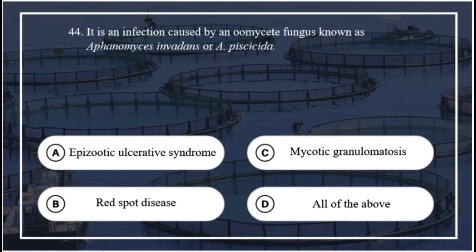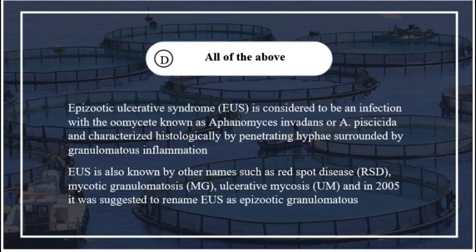44. It is an infection caused by an oomycete fungi known as Aphanomyces invadens or A. piscicida. A. Epizootic ulcerative syndrome or EUS. B. Red spot disease. C. Mycotic granulomatosis. D. All of the above. Answer. D. Epizootic ulcerative syndrome, EUS, is considered to be an infection with the oomycete known as Aphanomyces invadens or A. piscicida and characterized histologically by penetrating hyphae surrounded by granulomatous inflammation.